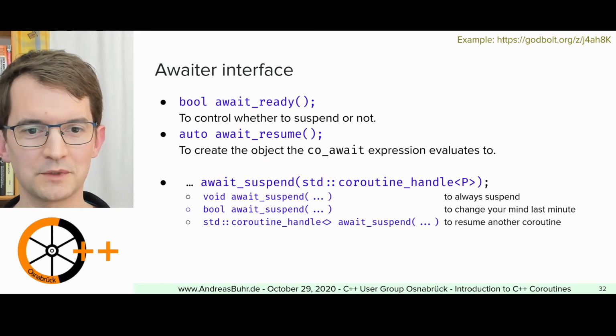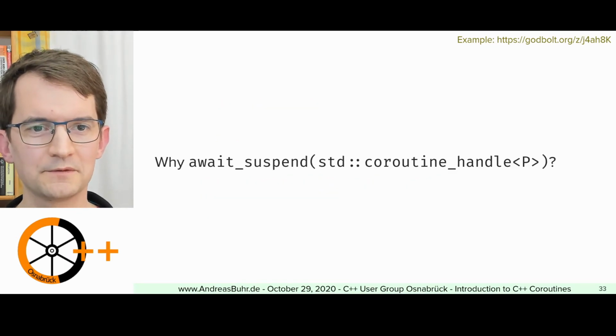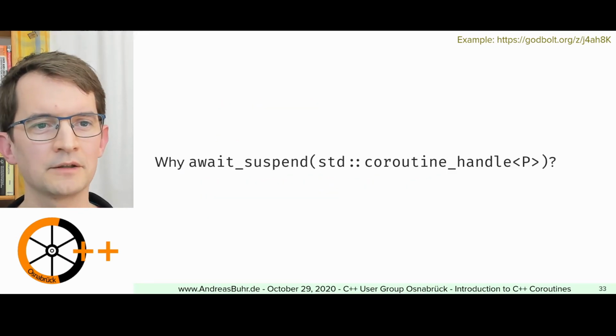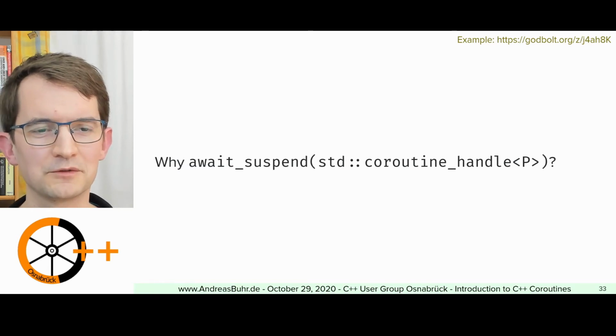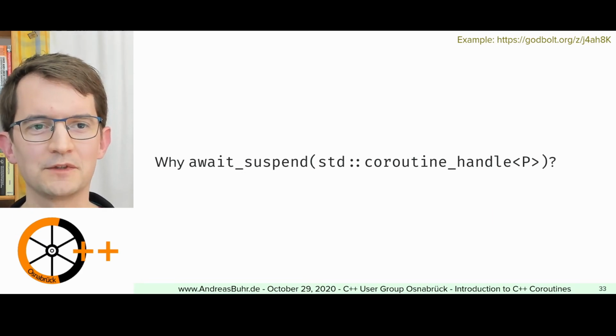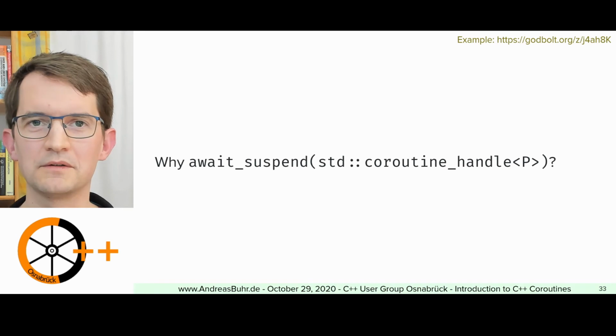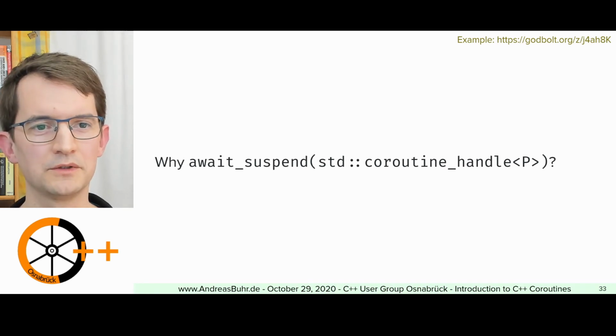Let's talk a little bit about why we have that coroutine handle as an argument in the await_suspend function. Usually you will be awaiting some operation which takes some time, like co_await a network operation, or you co_await file I/O or something like that.